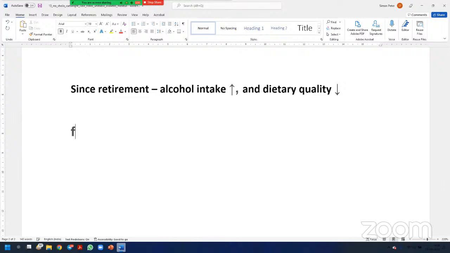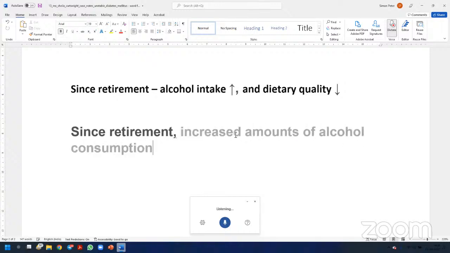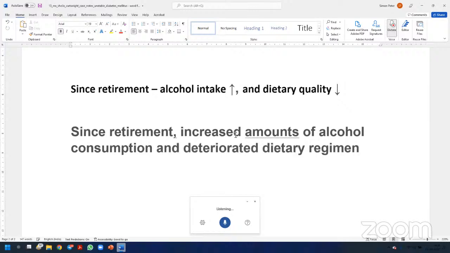So, since retirement, increased amounts of alcohol consumption and deteriorated dietary regimen have been noticed.